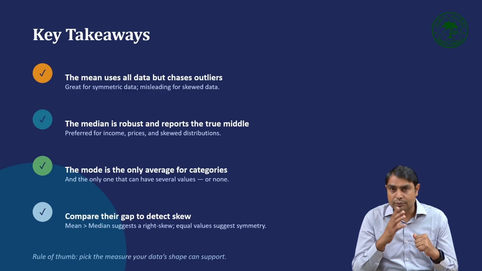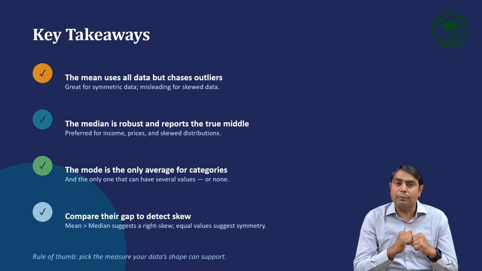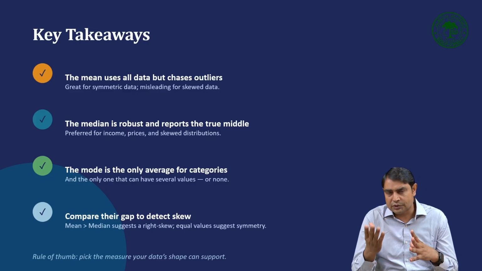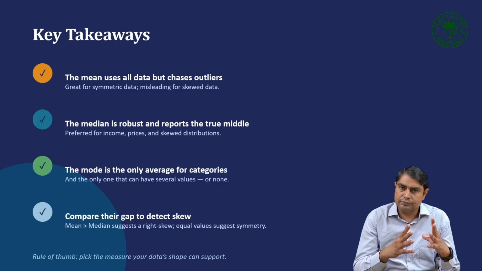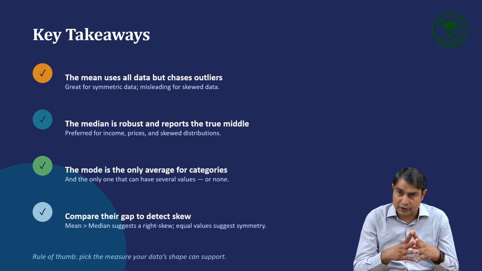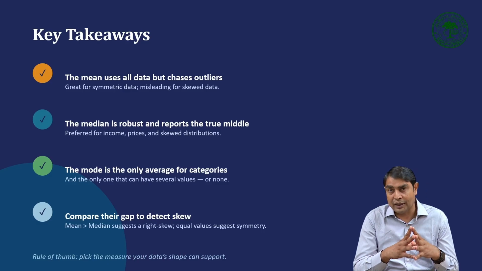Right? So coming to the median, median is robust and reports the true middle. It is good for skewed distributions. Outliers are there, not a problem. And it is also suitable for categorical data handling.